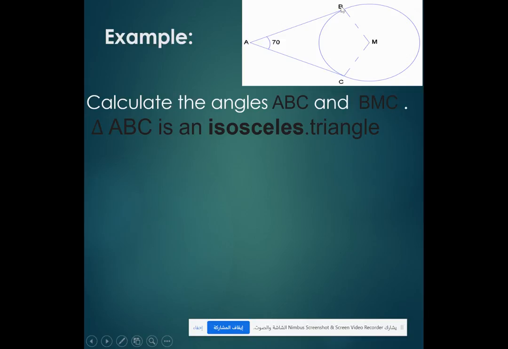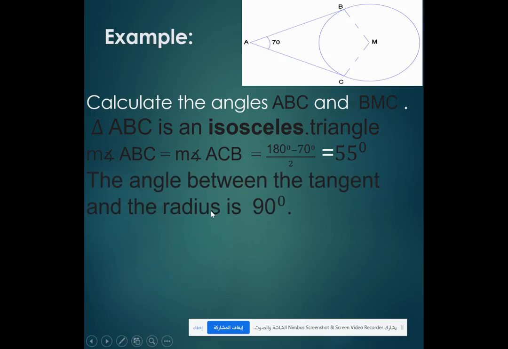That will make the two angles equal. So you need to subtract this 70 from 180 to get 110, divided by 2 to get 55 degrees for each. That means that the measurement of angle ABC is equal to the measurement of ACB in an isosceles triangle.